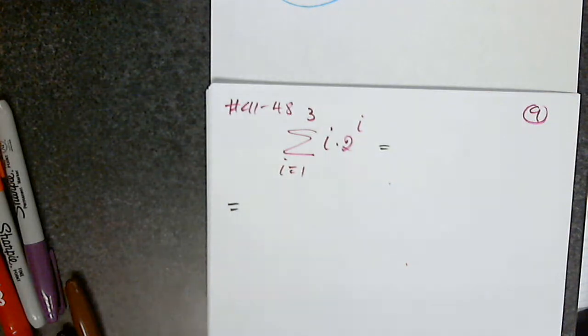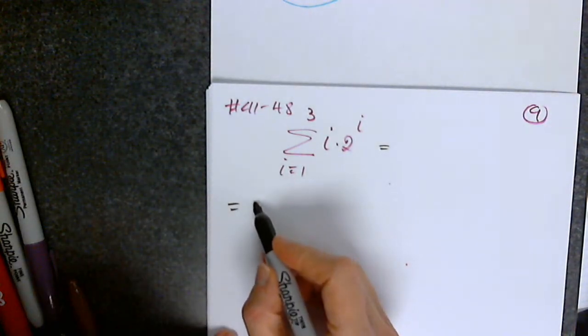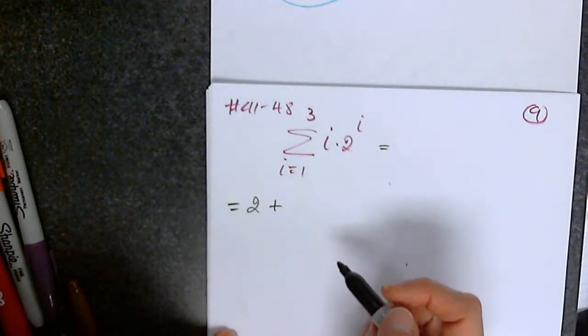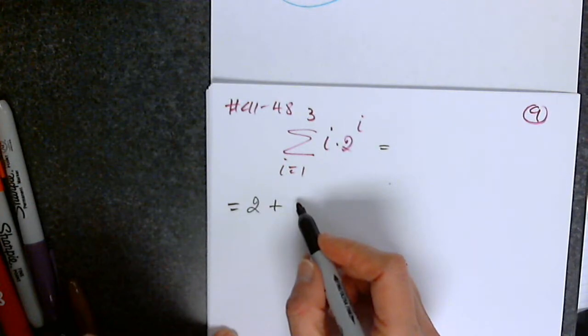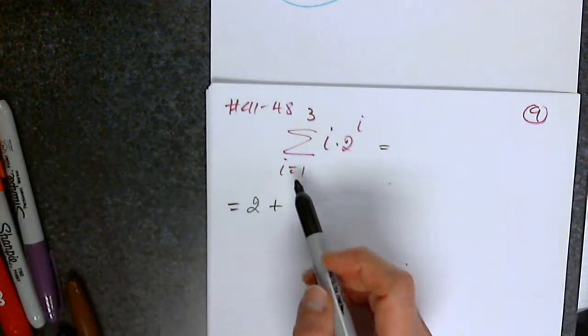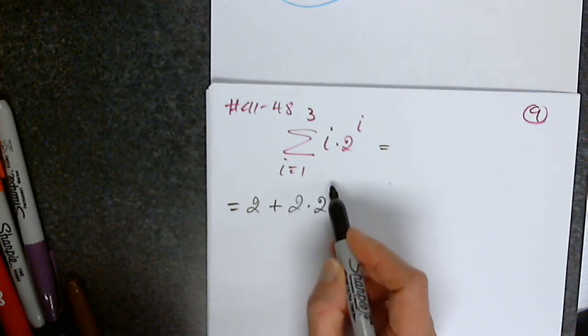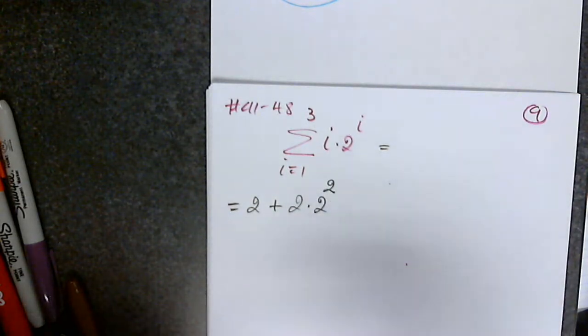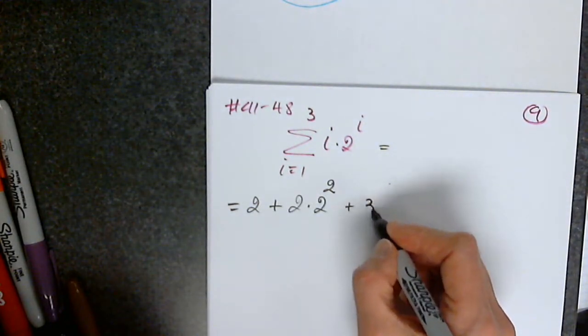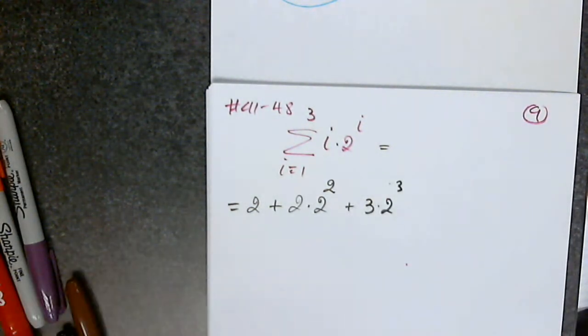So it's 1 times 2 to the 1. Plus, when i is 2, 2 times 2 squared. I need to show to everyone what it is, and then we can add them. And then plus 3 times 2 cubed. Indeed. Do we all agree with this? When i is 1, I get a term, plus when i is 2, I get a different term, plus when i is 3, I get a different term.